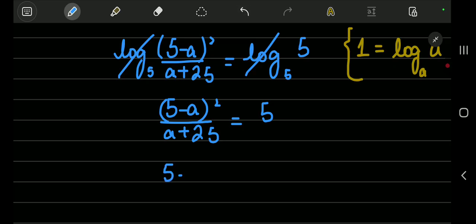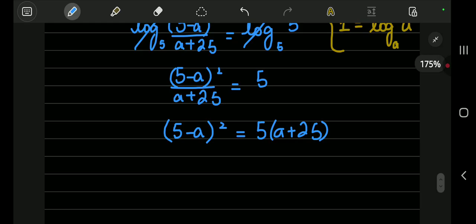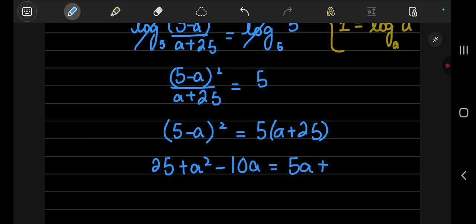Now simplify this. You will get (5 minus a) squared equals 5 times (a plus 25). Then 25 plus a squared minus 10a equals 5a plus 125.